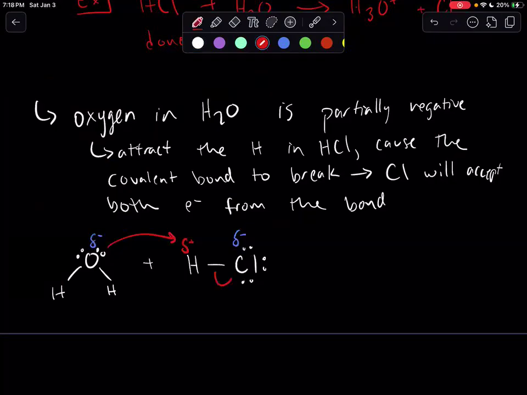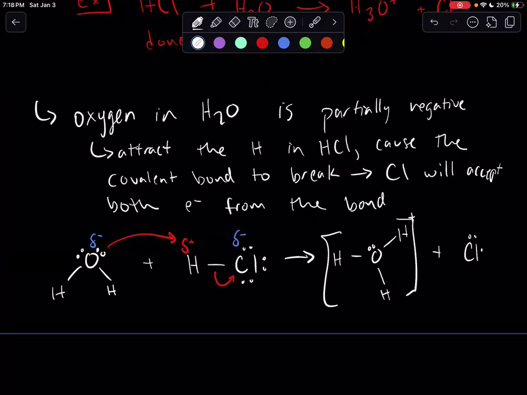And the electrons in this bond will then shift all the way to the more electronegative chloride or chlorine, which will become chloride. Thus, our reaction ends up looking like this, where we have hydronium with a positive charge plus our chloride with a negative charge. And there we have it.